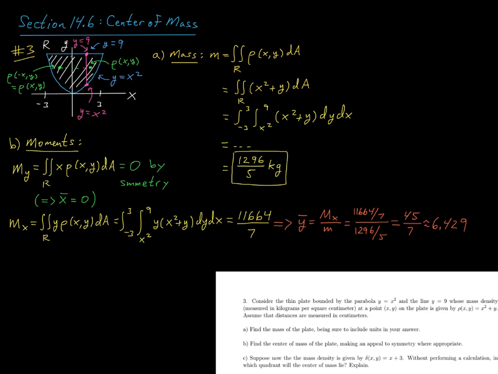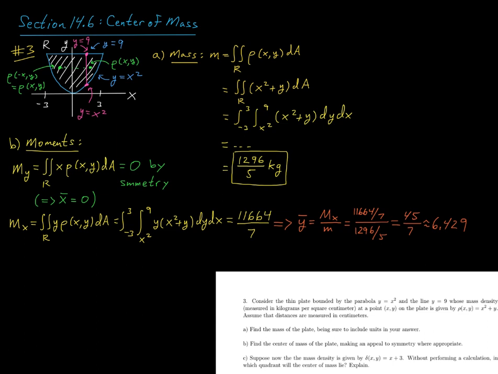Looking here at our region, at the very bottom, y is 0, and at the top up here, y is 9. And so our y coordinate for the center of mass is going to be roughly 6.5. That does make sense given the fact that if you look at your density function, if I fix an x, letting y increase, our density will increase.